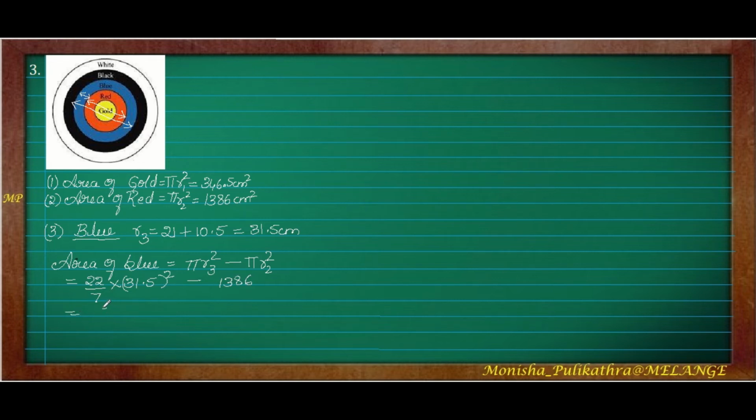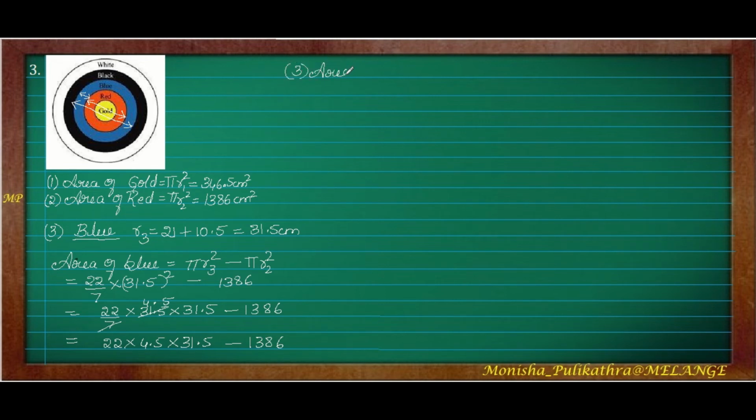So that is 22 by 7 into 31.5 into 31.5 minus 1386. Here we can take it out, that is 7 4s are 28, 7 5s are 35. So you will get 22 into 4.5 into 31.5 minus 1386.